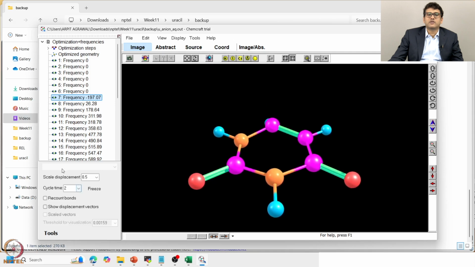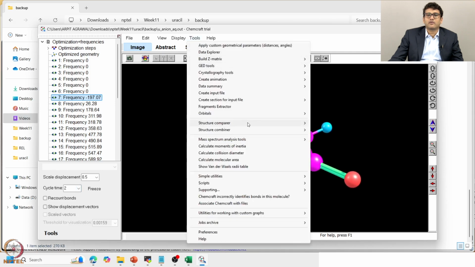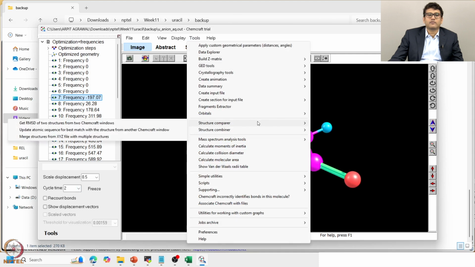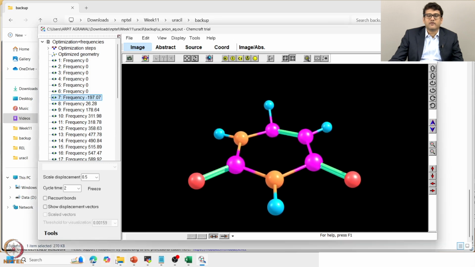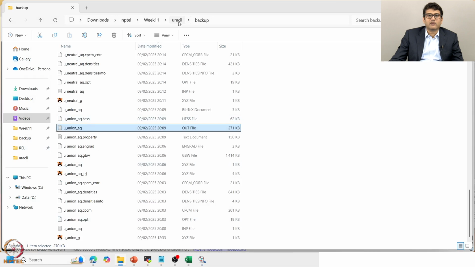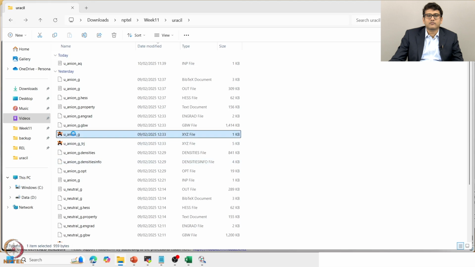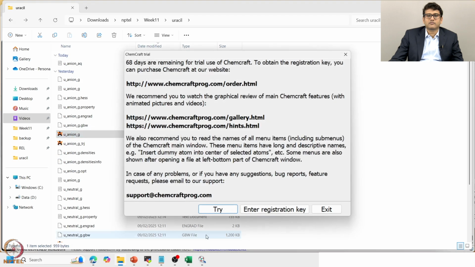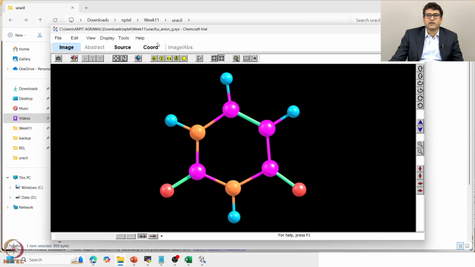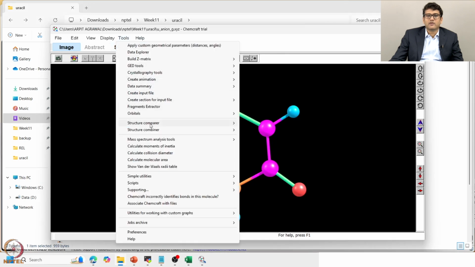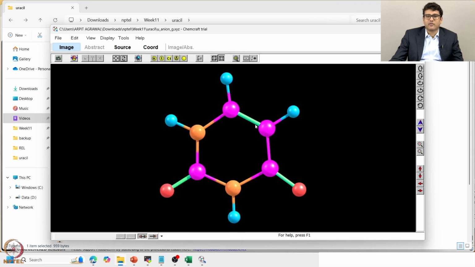But if I want to see how it is different from the gas phase geometry, we can go one step back, and then we can use this utility, structure comparer, to get the RMSD of the two structures from the Chemcraft window.